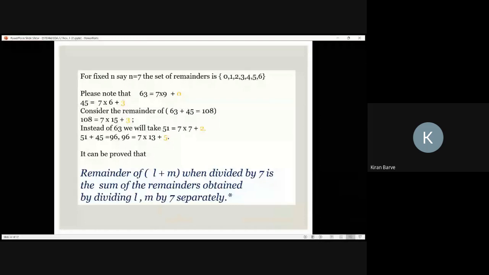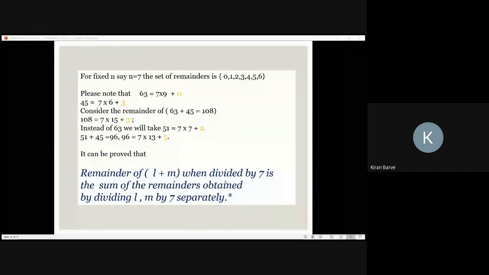13, when divided by 7, what is the remainder? Sir, 6. Yes, 6. And next I am going to take 5. The remainder is 5. Now I am trying to find the remainder of 13 plus 5 divided by 7.